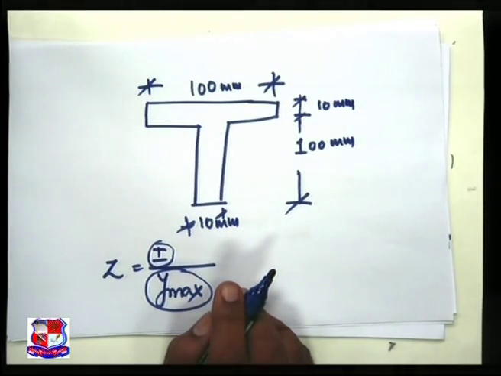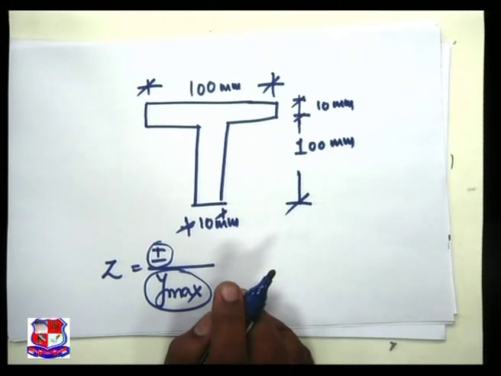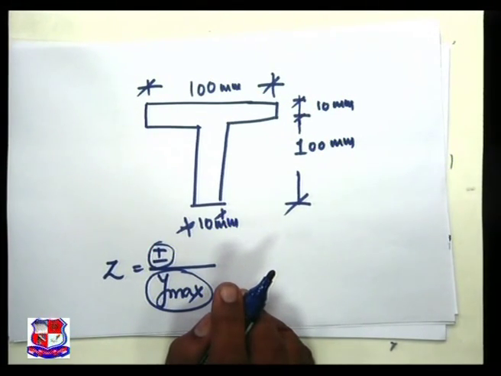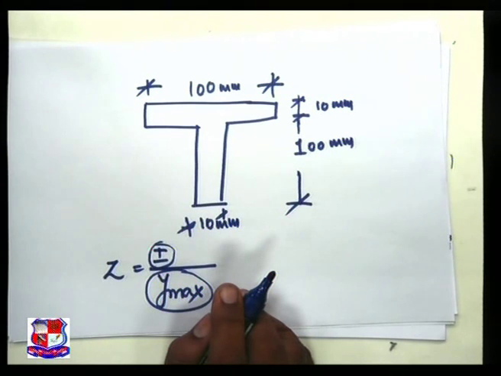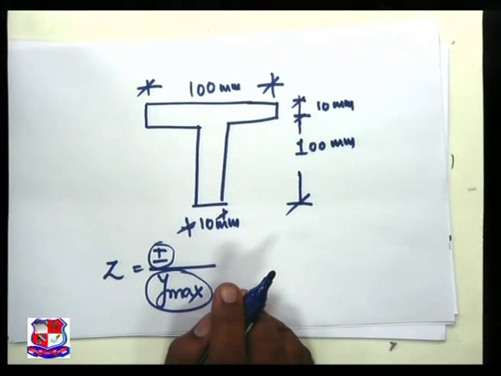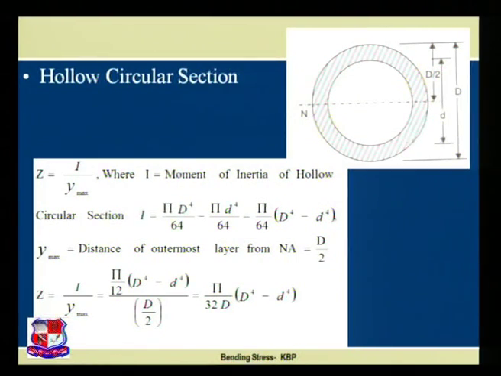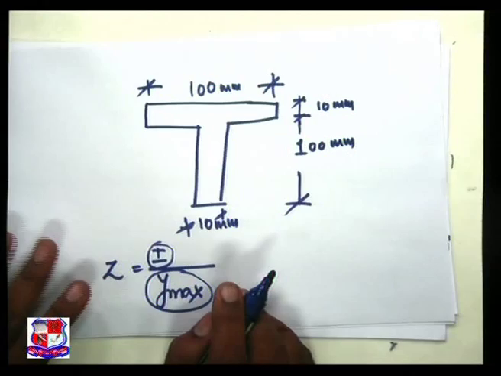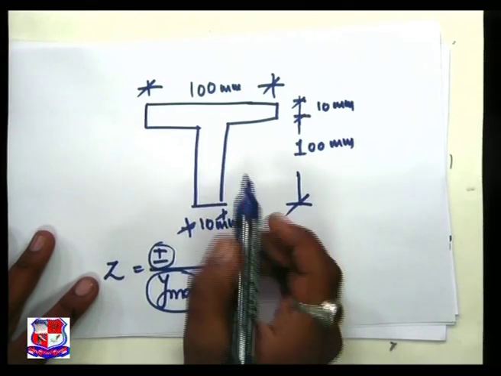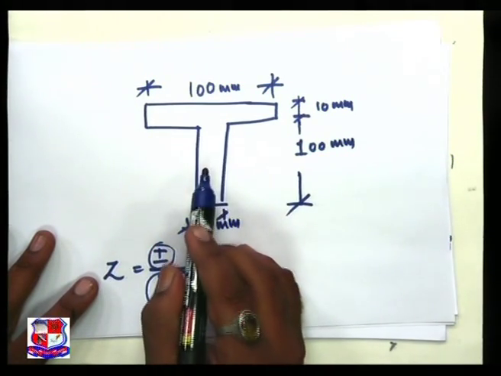So, to find out those things, it is utmost important to find out the centroid of a given section. What is the location of the centroid for a given section? Over here, how to find out this centroid?